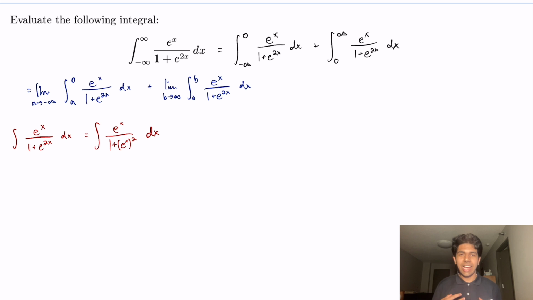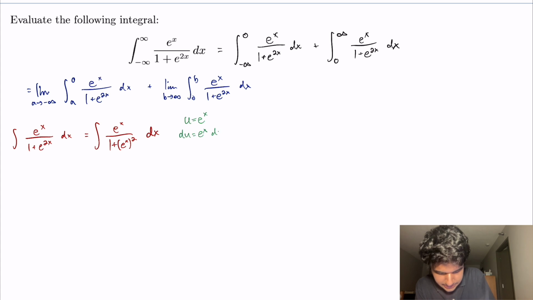That denominator has arctangent vibes to it, where it's like 1 plus something squared. So let's see what we can do with that. What if we try u substitution again, but now we use u equal to e to the x, because we see a lot of e to the x, surely something should cancel. So we'll let u equal e to the x, which means du equals e to the x dx.